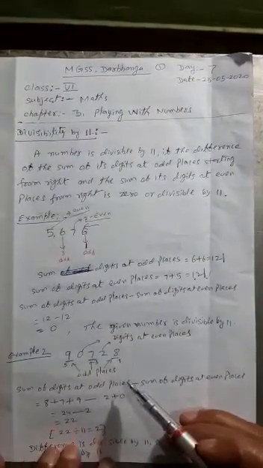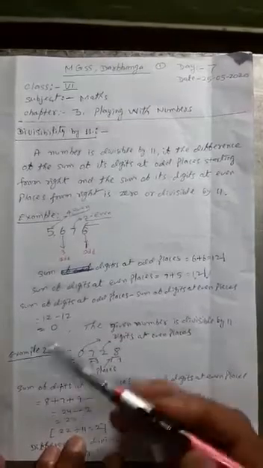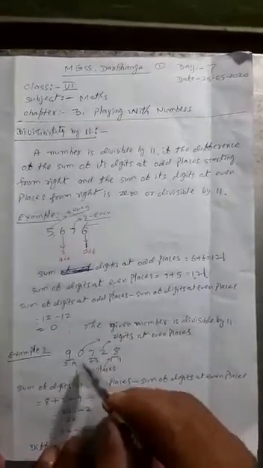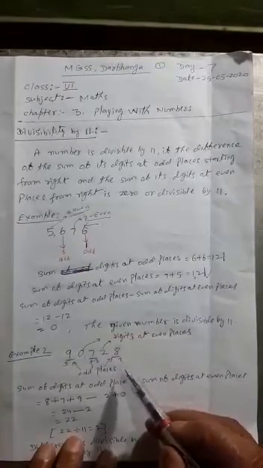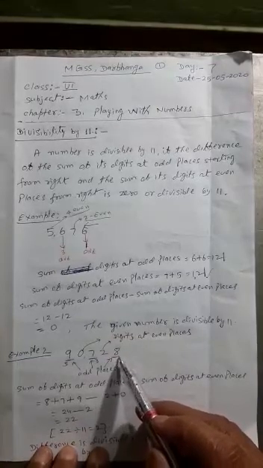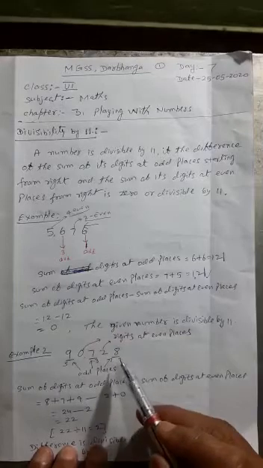It will be more clear from the next example. We are discussing the next example. In the next example I have written a number 90,720. So what is to be done? We shall find the sum of digits at odd places, then the sum of digits at even places.